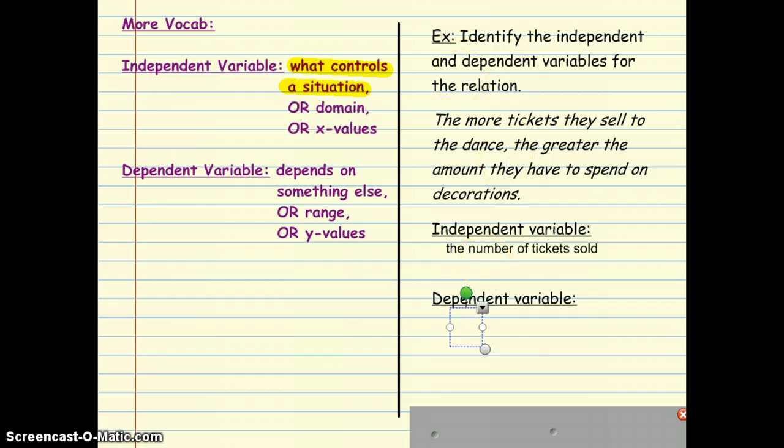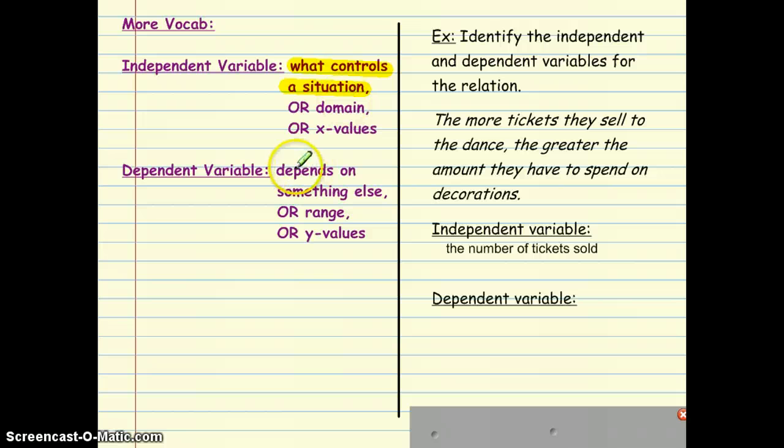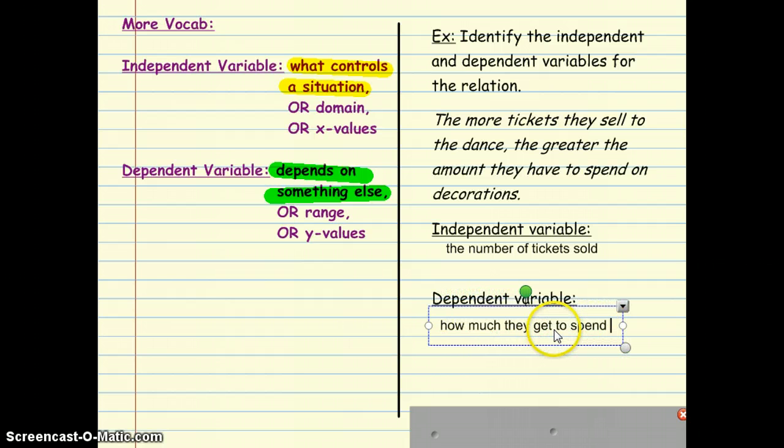And our dependent variable, what depends on something else, is how much they get to spend on decorations. If they didn't sell a lot of tickets, they're not going to have a lot of money for decorations. If they sell a lot of tickets, they are going to have a lot of money for decorations.